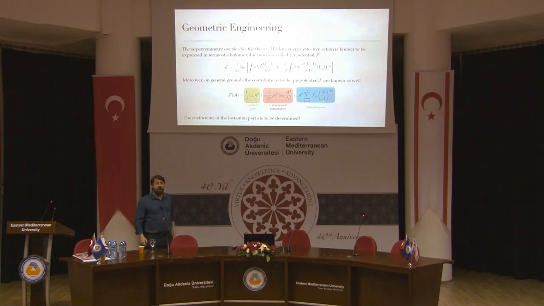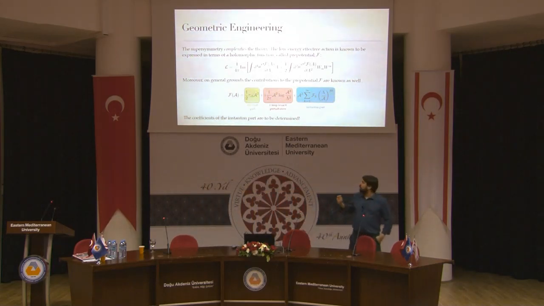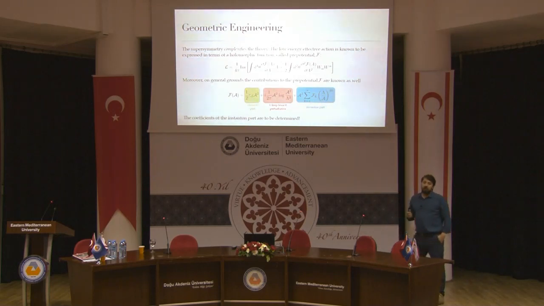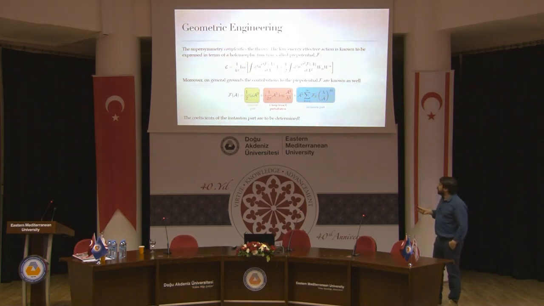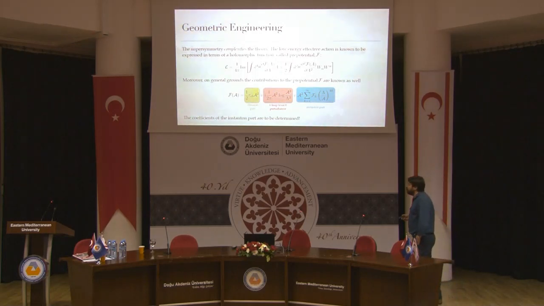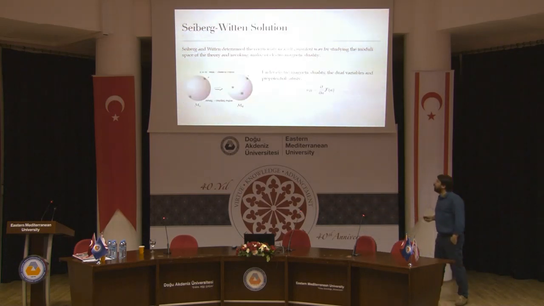And people have done it, and they also knew that there are some non-perturbative contributions, which are instantons, that need to be added to the prepotential as the third term. And they also knew the form. So this form was known, in the blue box, except the important piece, this F sub k, what the coefficients are. People didn't know what they are. So these coefficients had to be determined.